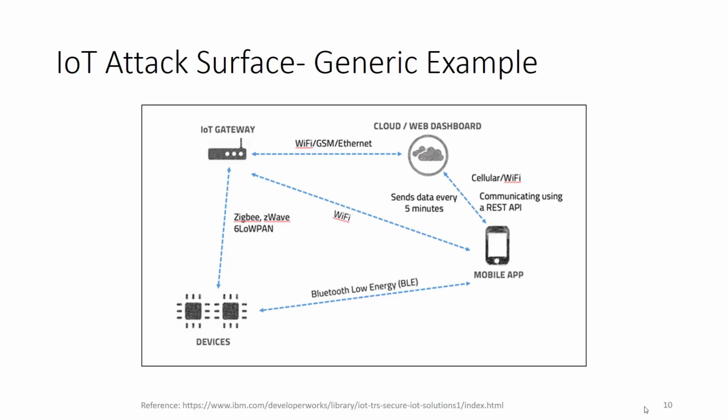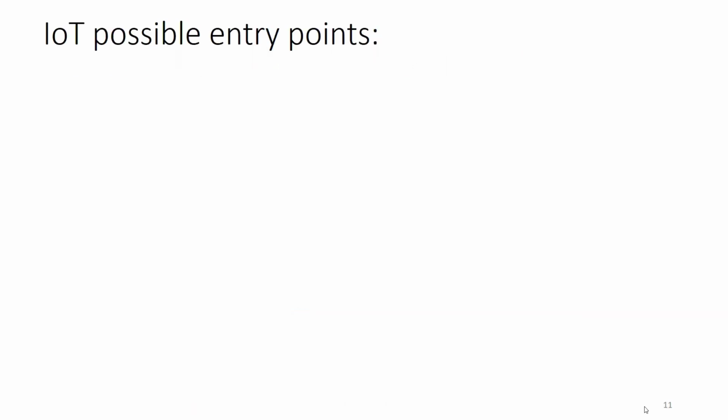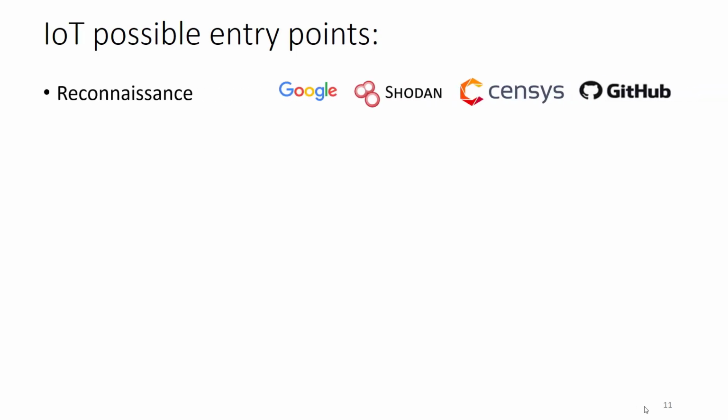Devices might use any kind of SDR to connect to another device, either a mobile application or any other device they are connecting to. Then it can send the data to the cloud. Likewise, the mobile application can get the data from the device and send it to the cloud. So we analyzed what the possible entry points into the IoT devices could be.